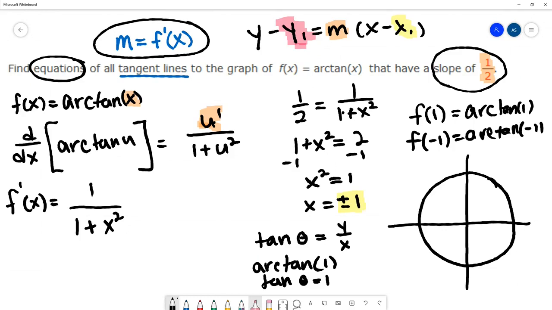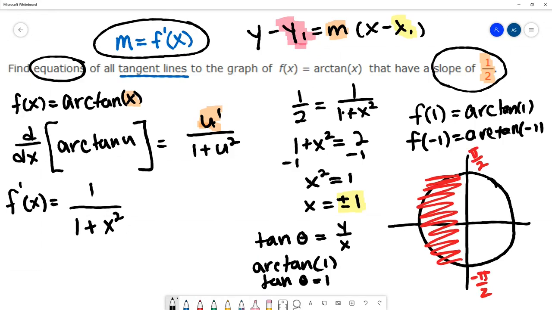The other thing we need to keep in mind here is that in order to have a one-to-one function, we've restricted the domain of our tangent function and restricted the domain of our arctangent function. So we're only looking at angles from negative pi over 2 to pi over 2.